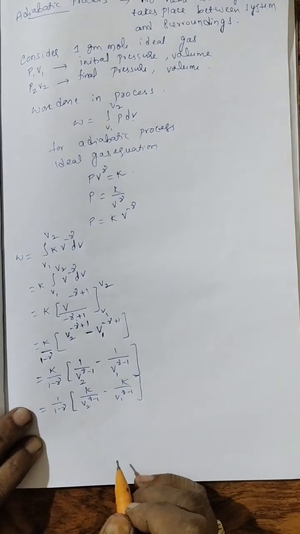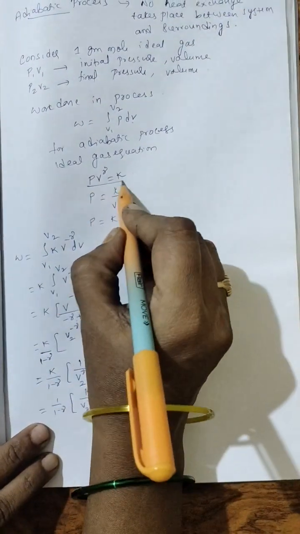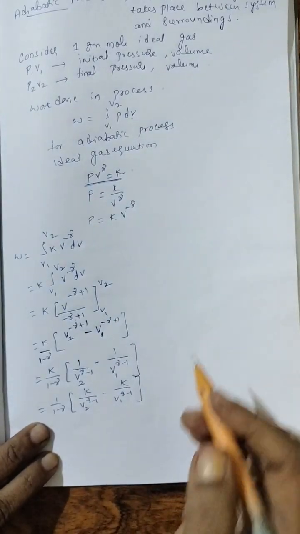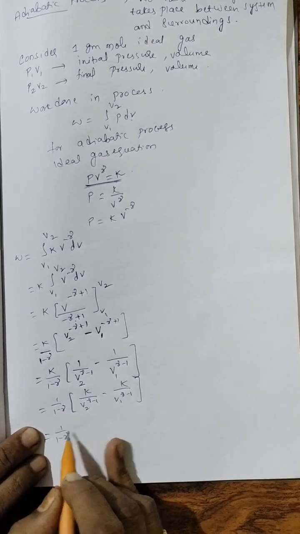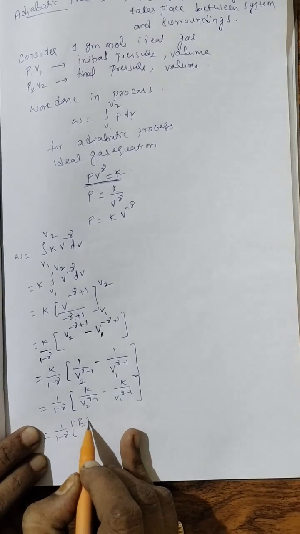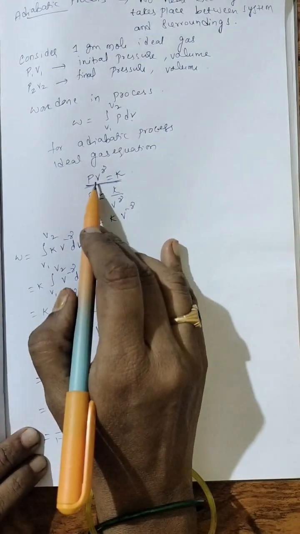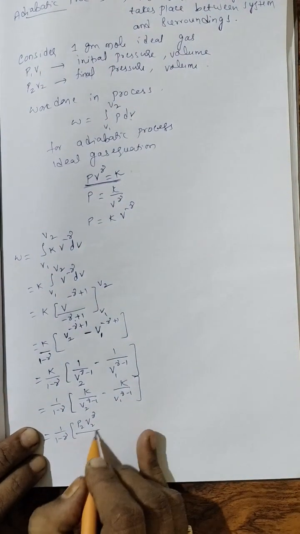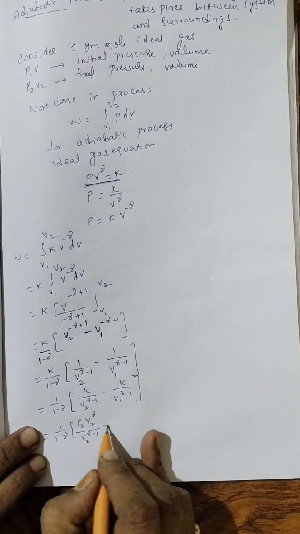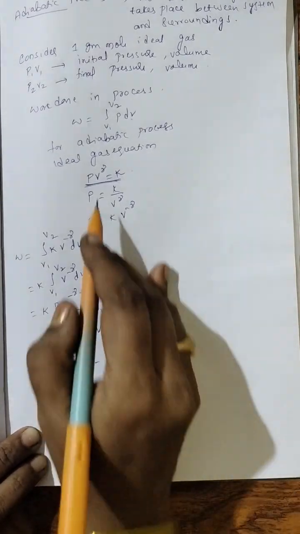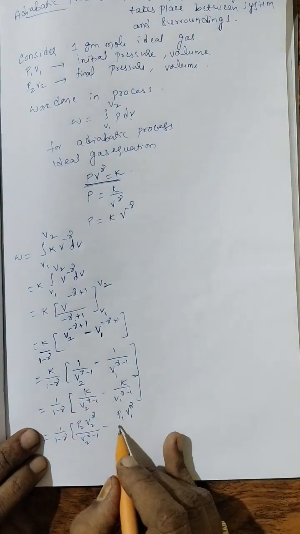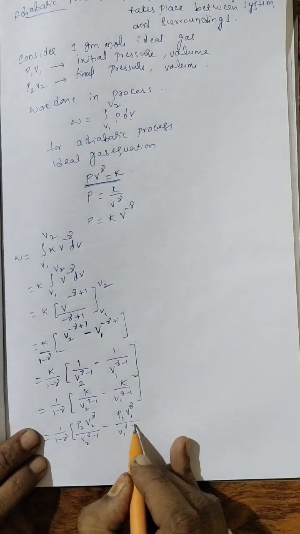Right? Now what is K? P V to the power of gamma equal to K. So here 2 is there, so just write down P2 V2 to the power of gamma in place of K by V2 gamma minus 1. Here 1 is there, P1 V1 to the power of gamma in place of K by V1 gamma minus 1.